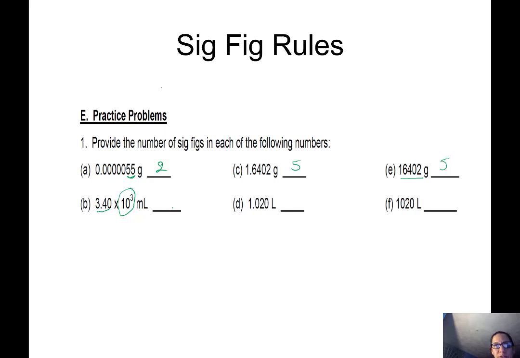It's the scientific way of writing a number. The significant figures are 3, and in this case we have a decimal over here, so we have 4 sig figs, and this is ambiguous. It can either be treated as 3 or 4, but normally we talk about this as 3 because there's no decimal after it.